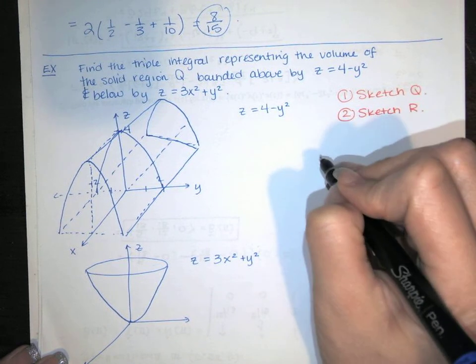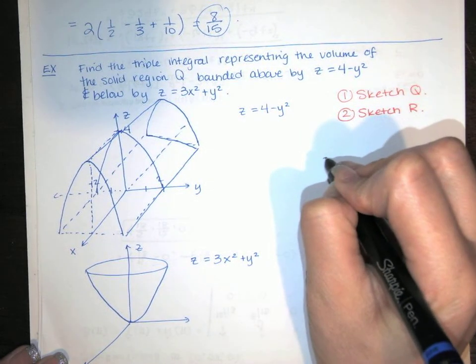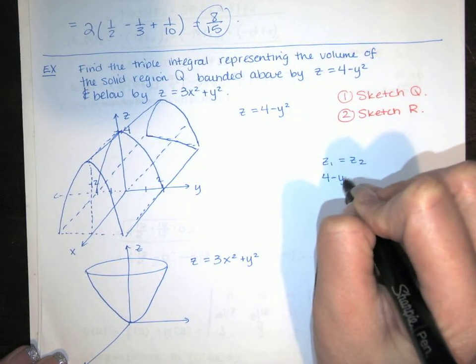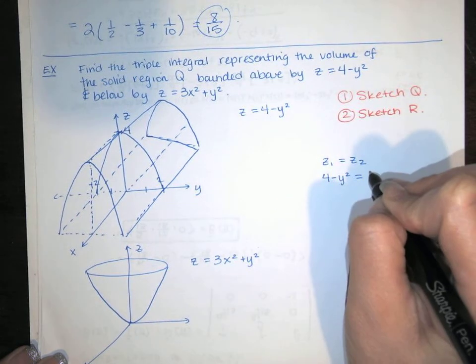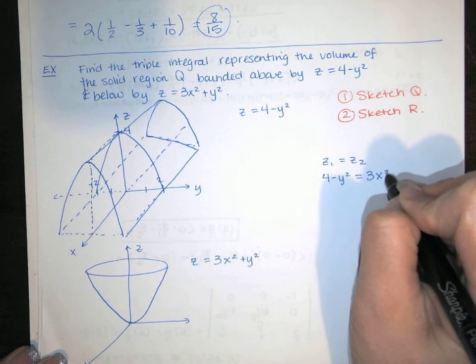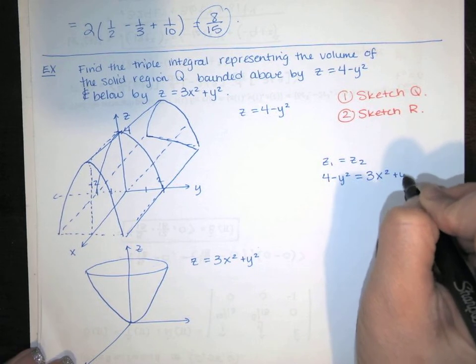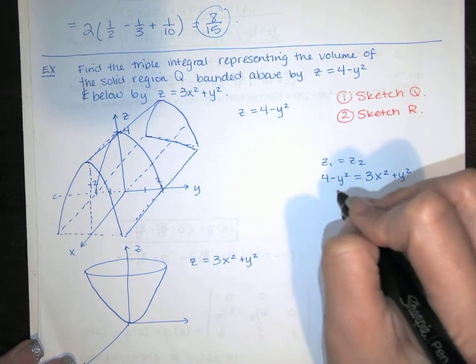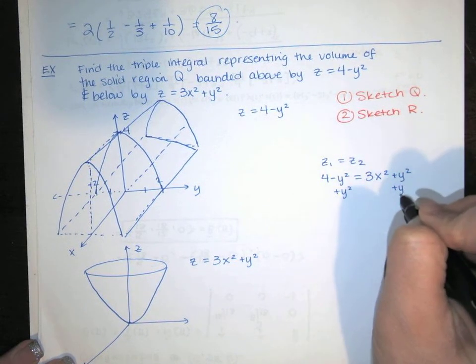And one way that I can sketch R is I can set the z's equal to each other. So I've got 4 minus y squared is equal to 3x squared plus y squared. And I can graph this. So I will add y squared to both sides.